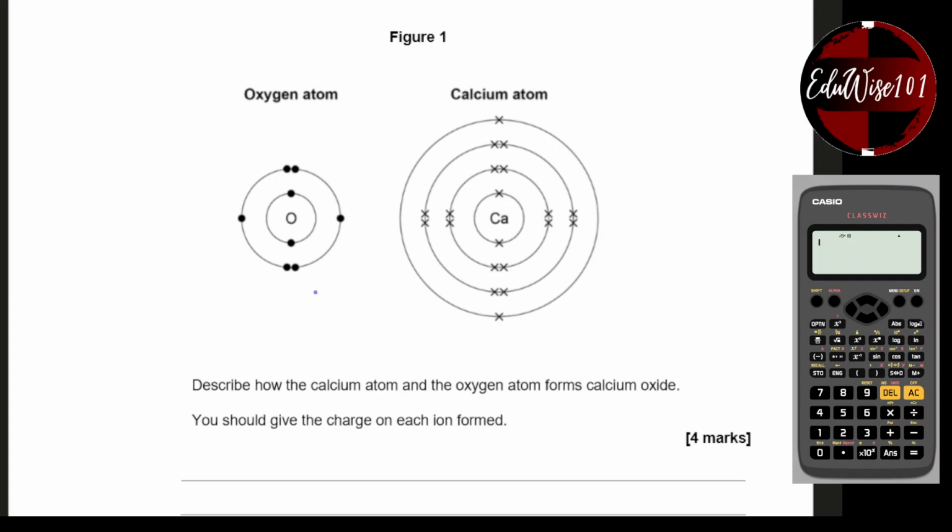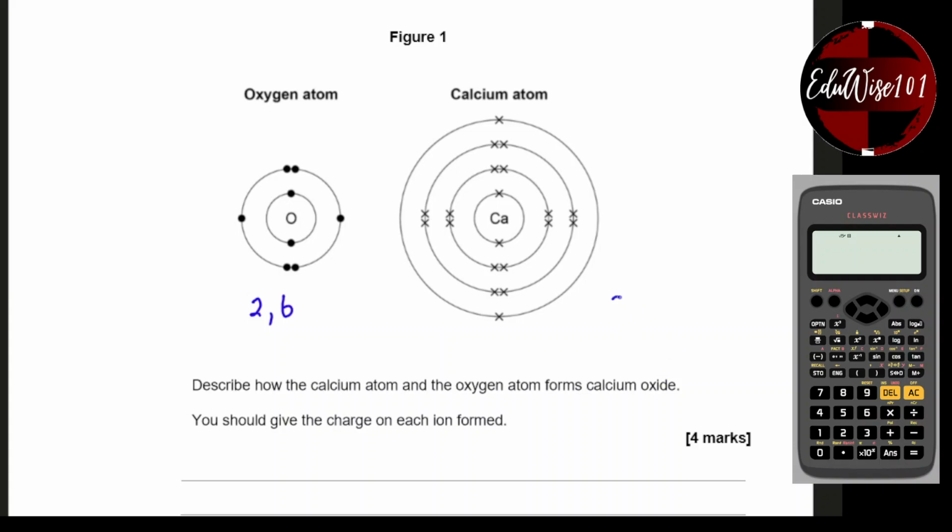You can see that the electron configuration of oxygen, if I was to write it here, it's 2 electrons in the first shell and 6 electrons in the outer shell.